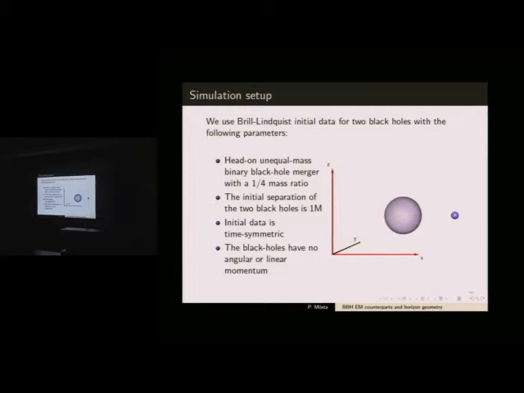They approach along the x-axis, so they would form a common horizon somewhere here. Initially, we already choose our black holes to be very close together, since we're only interested in the last part of the merger process. Our black holes have, in this case, no spin and also no extra linear momentum, so we just put them there and they start to merge.